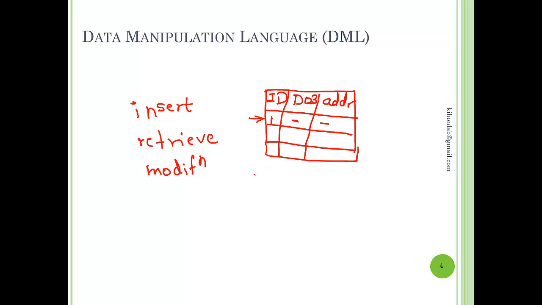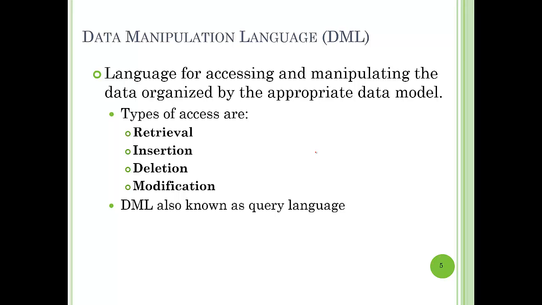And suppose some student leaves the school, then I am able to delete that entry. This is possible for all types of databases. You should be able to insert values into the database, retrieve, modify, and delete. So data manipulation, you are manipulating the data. These are the types of access: retrieval, insertion, deletion, and modification.